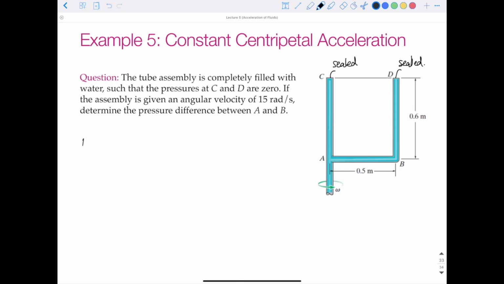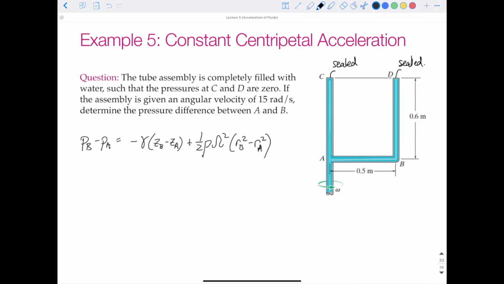So we'll do PB minus PA, which will be equal to negative gamma times ZB minus ZA plus 1/2 density of water times omega squared times RB squared minus RA squared.